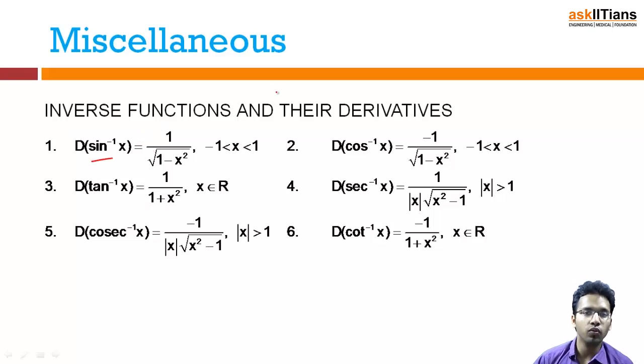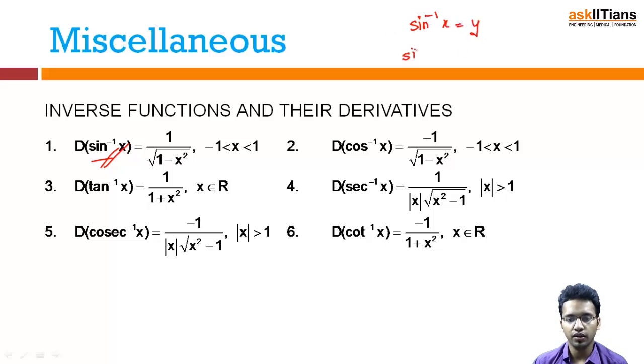Again, if you don't believe me, you can just have a proof of this using the fundamentals. For this, you can let this be y, sin y is equal to x. Now you can differentiate with respect to x, so you will get cos y dy by dx equal to 1.